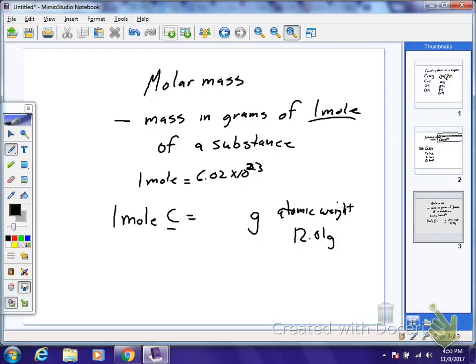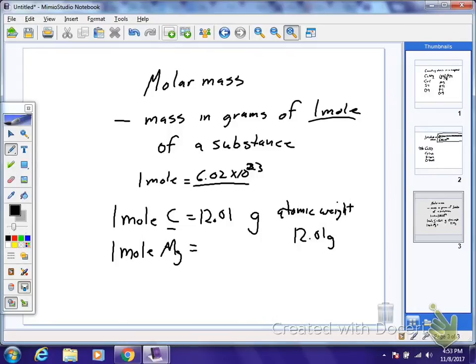So if we were looking at the periodic table and we got 1 mole of carbon atoms and we weighed out that number of atoms, which is this big number right here, how much it would weigh on a balance would be 12.01 grams.